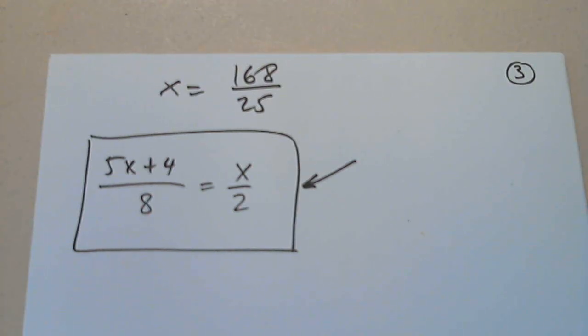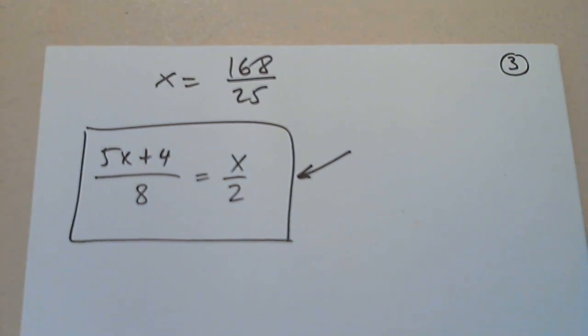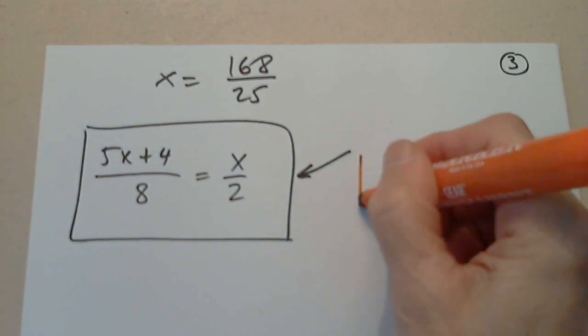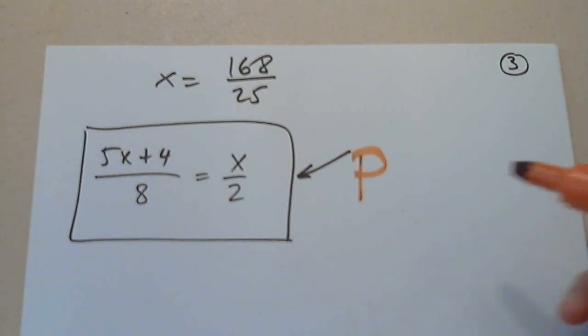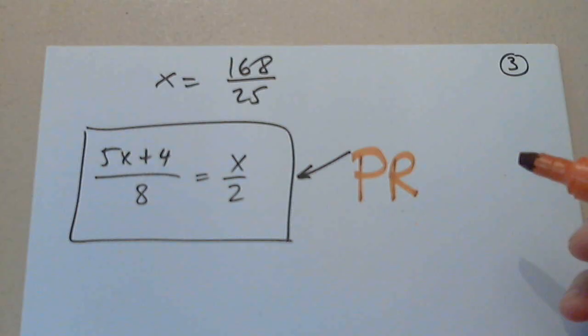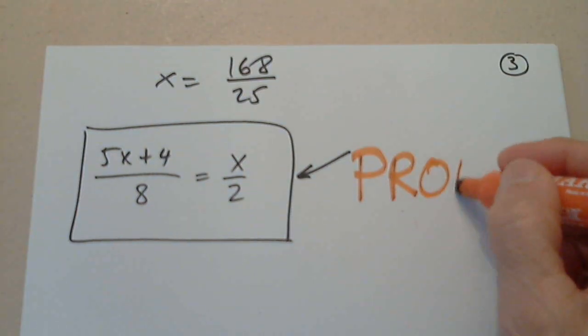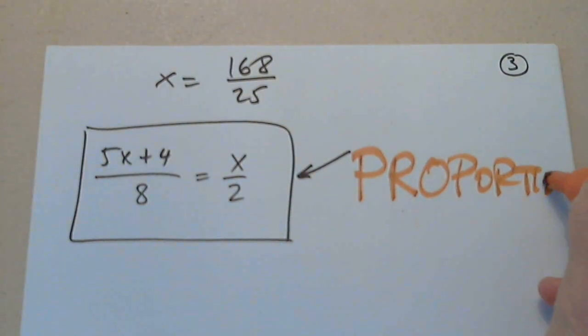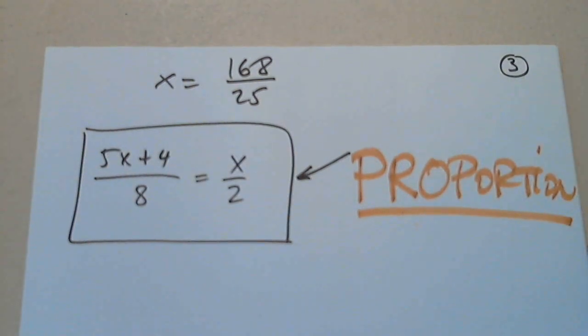I made a big deal out of it a long time ago. What was the question again? What is this called? It's an equation. Proportion. I made a big deal out of it because it's the simplest type of rational situation.